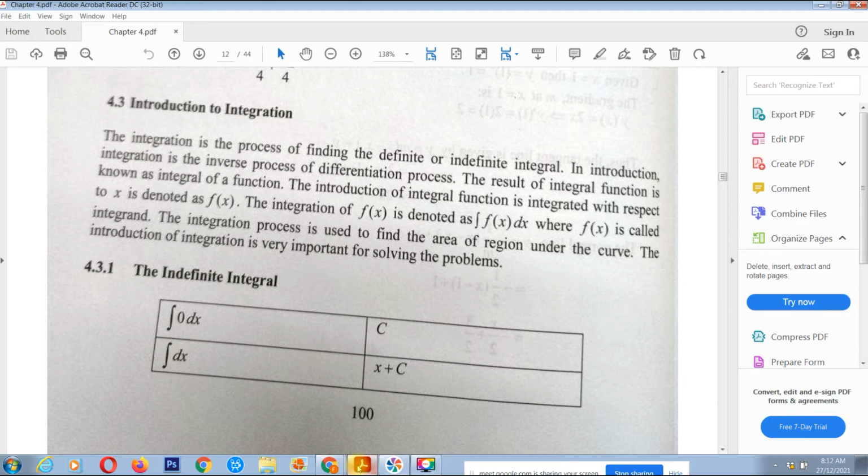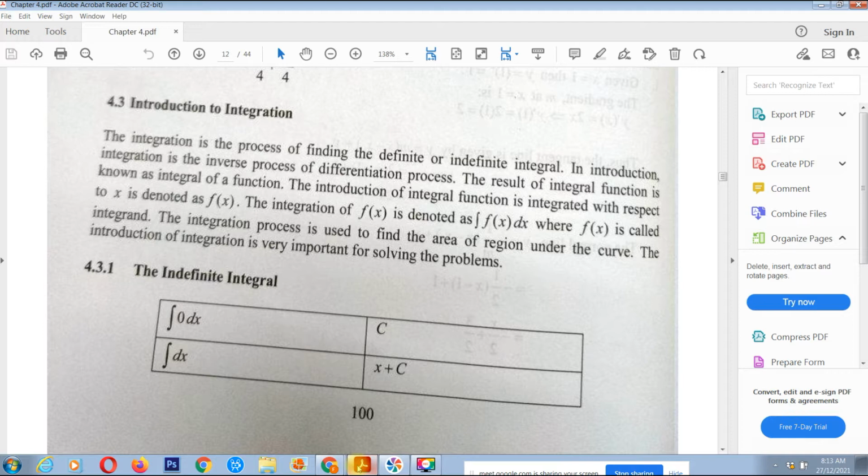Actually this function comes out to make our life easier to calculate something, for example the area under the graph. So we do not need to calculate manually, just by using a formula. That's why we have integration.